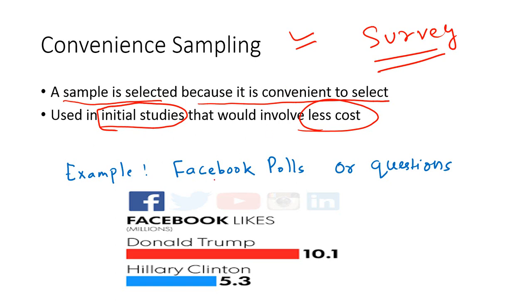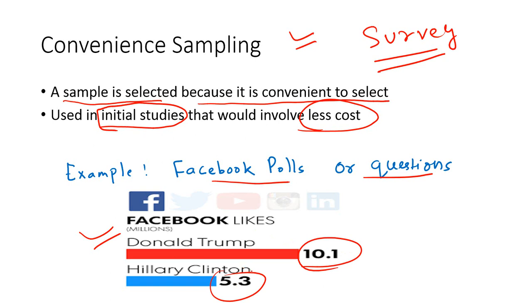Now, one example is the Facebook poll, or the questions people ask on Facebook. You can actually go ahead with your own friend circle because they are easier to reach out to, right? Here is an example. There is a Facebook like status somebody has done, and has found that Donald Trump has been liked by, let's say, 10% of the people, and Hillary Clinton has been liked by 5% of the people.